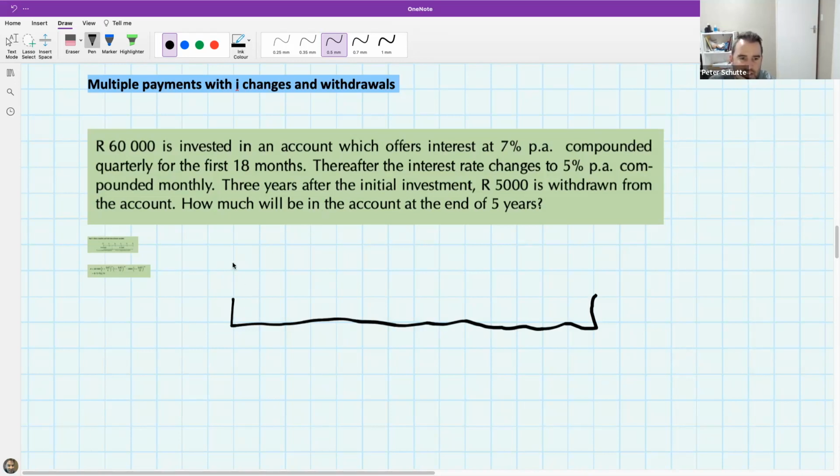It feels like T5 is the end of the line for this one, because it says how much will be in the account after 5 years. So that's the journey, but there's obviously lots more stuff going on here. And I want you to try and put it on your timeline before I do. It's a good practice question.